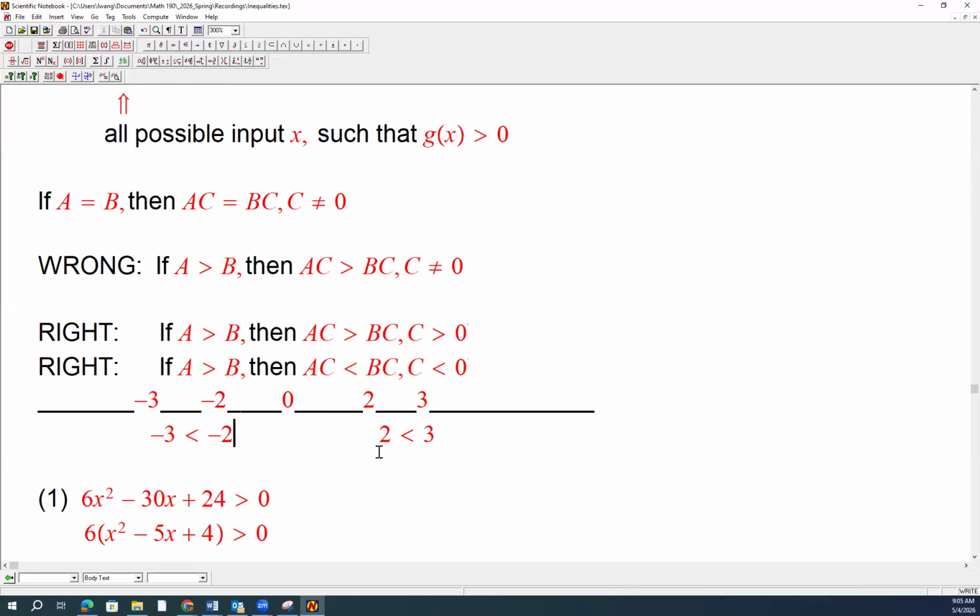If that makes sense, right? So 2 is less than 3, but negative 2 is larger than negative 3. That's why we have the switch.